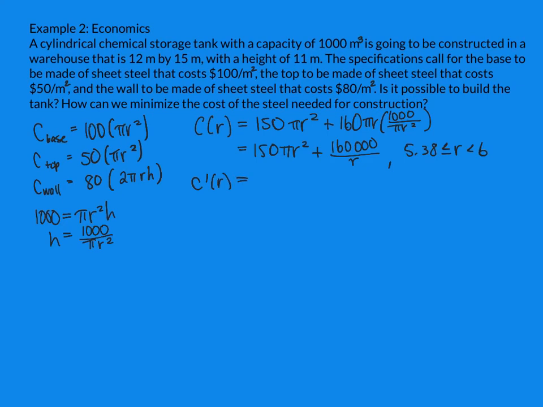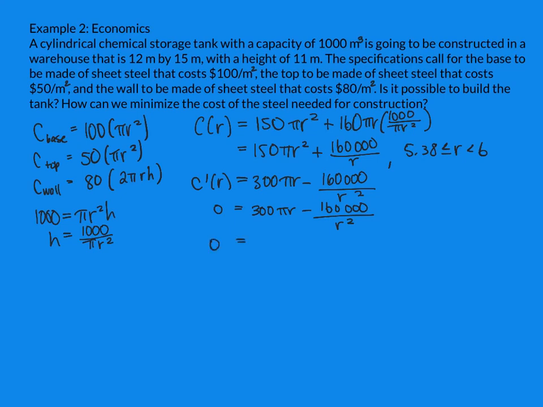So we need to find the derivative. And we need to know where that is going to be 0. So to solve this, I want to multiply both sides by r squared.